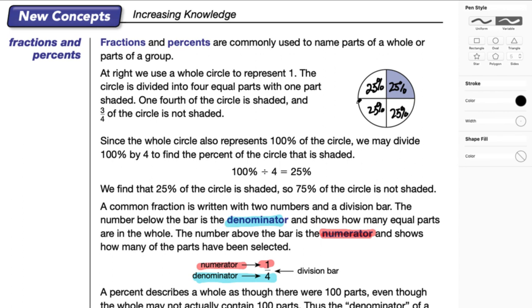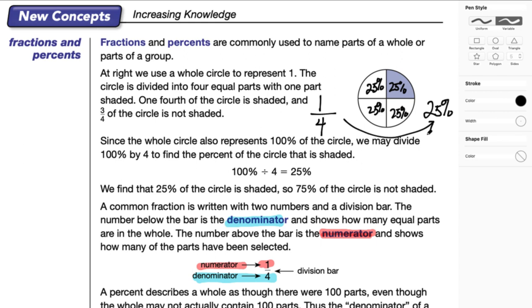And so what this tells us is when I'm looking at this shaded region, which I know from my fraction practice to be 1/4, I'm also looking at something that can be called 25%. That's the take home. The fraction 1/4 is equal to 25%.